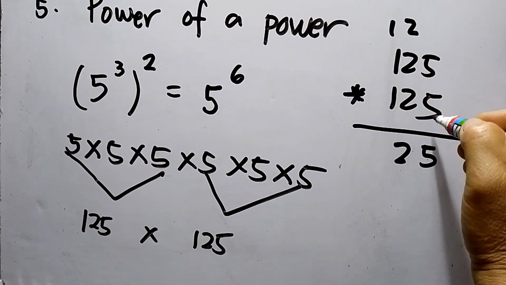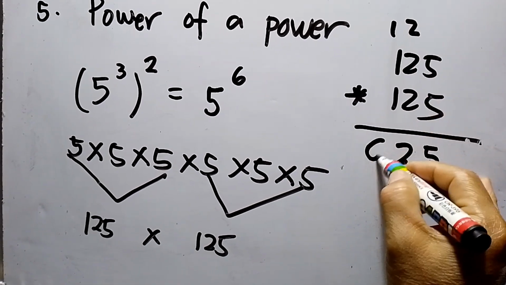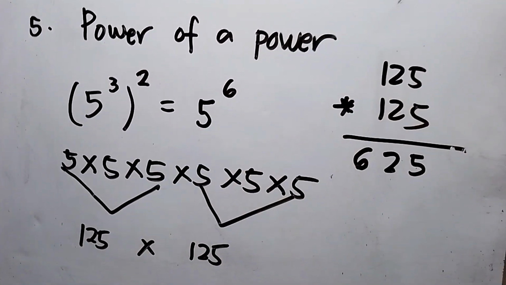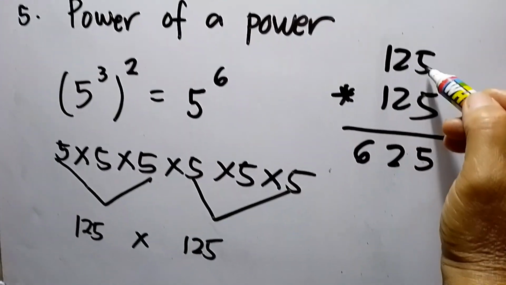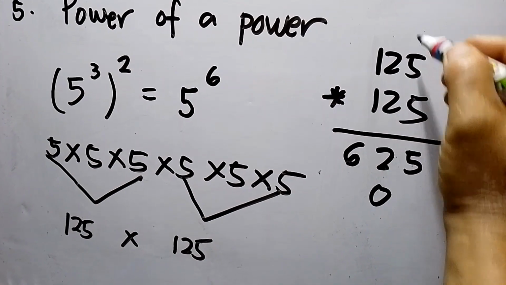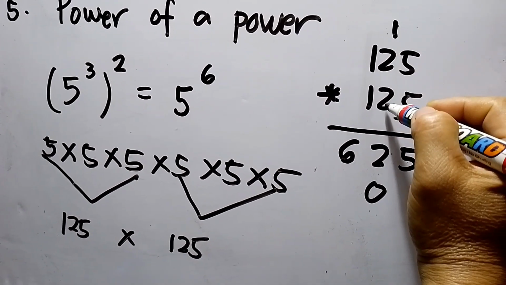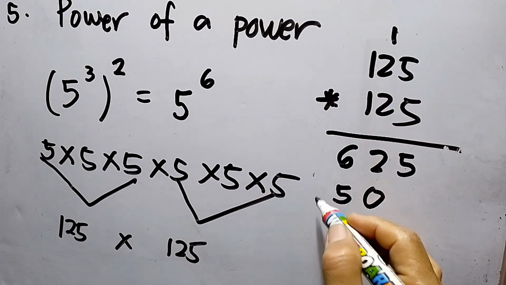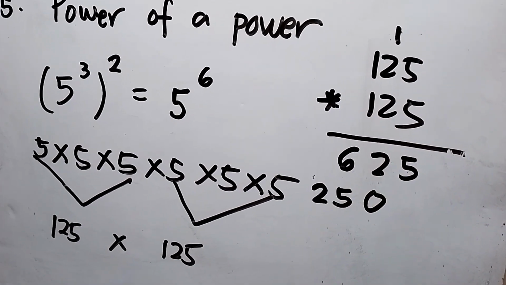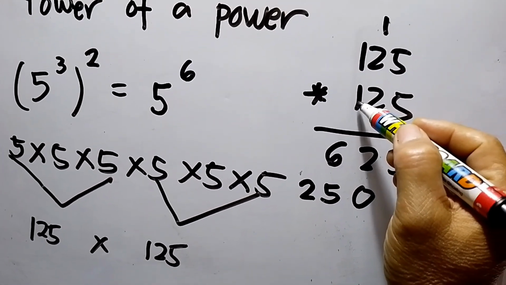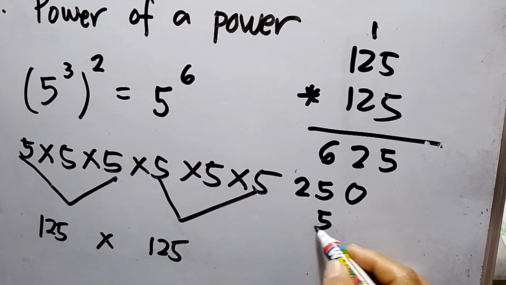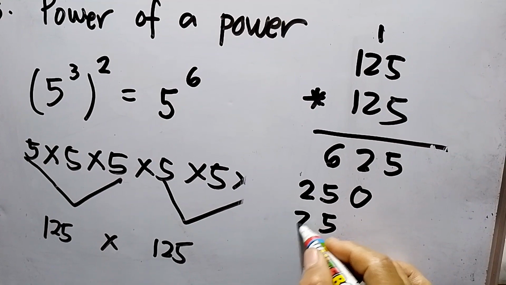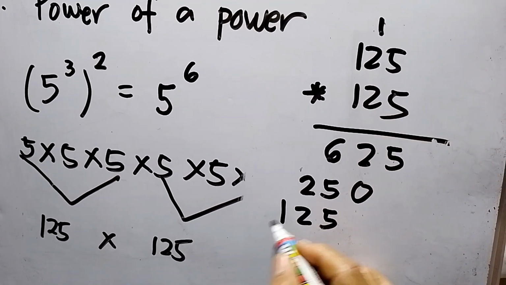And then 1 times 5 is 5, plus 1, 6. Next, 2 times 5 is 10, carry 1. 2 times 2 is 4, plus 1 is 5. And then 2 times 1 is 2. The last one: 1 times 5, 5. And then 1 times 2 is 2. 1 times 1 is 1.